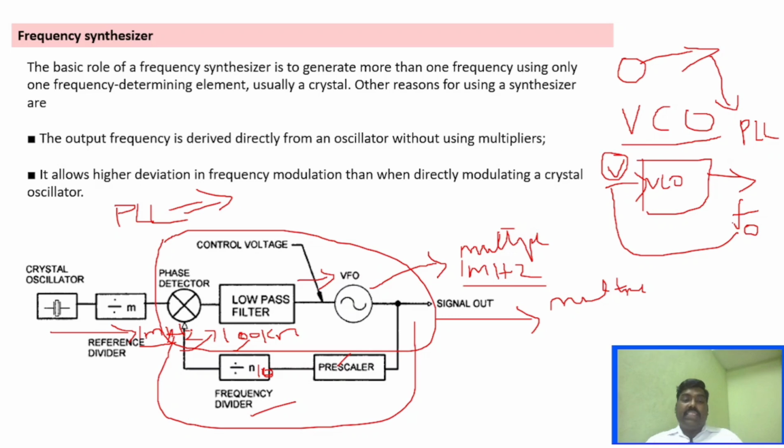So the error signal will be generated in such a way that next time the frequency divider output will be 1 megahertz. And if it has to generate 1 megahertz, then definitely the output has to be 10 megahertz, so that we are able to obtain a multiple of the input frequency.